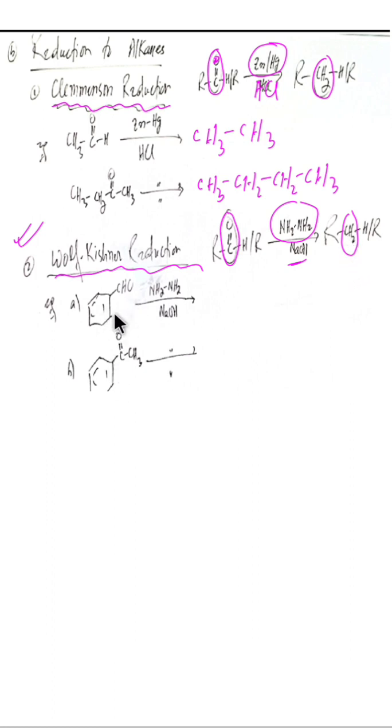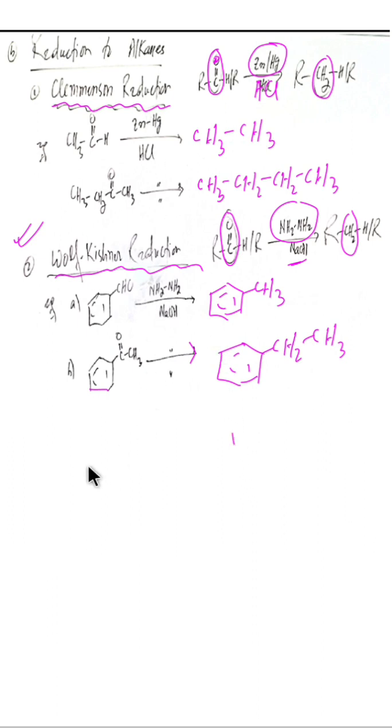Here are two examples in which I am taking benzaldehyde and reacting with hydrazine in presence of a base. Then we are going to obtain toluene, methyl benzene, and here this is acetophenone. And if acetophenone is reacted with this reagent, then we are going to get this as the product.